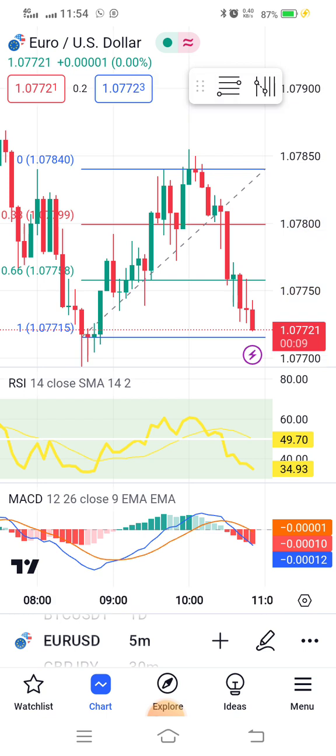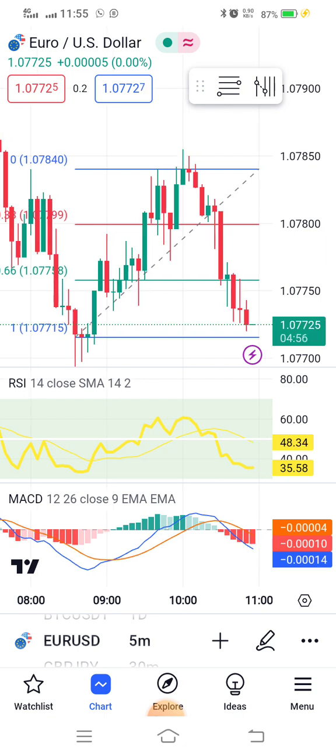So that's it, guys, on how to use your Fibonacci retracement tool. We are still dumping, as you can see, because the price of Euro USD is not yet oversold. Remember, RSI tells us it is oversold at 30. Sometimes it gets even to 20 when the market is very bearish.